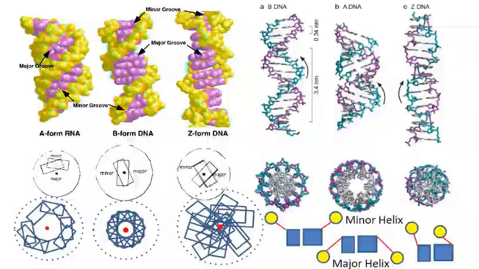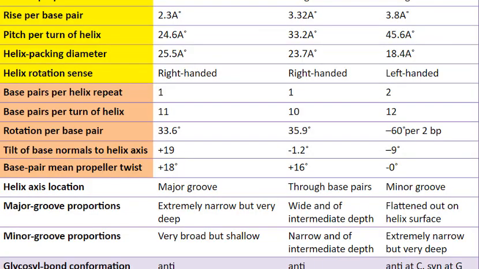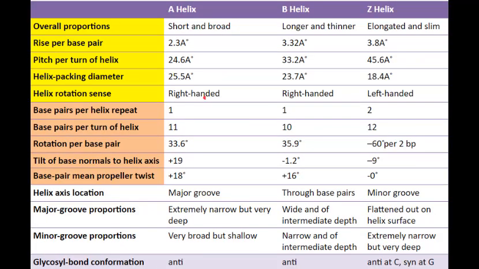Now let's see this DNA conformation. Now let's see the dimensions of various types of DNA. When you see the dimensions of various types of DNA, there are many numbers. It looks very confusing for you. Now you have to make a strategy to see the DNA.